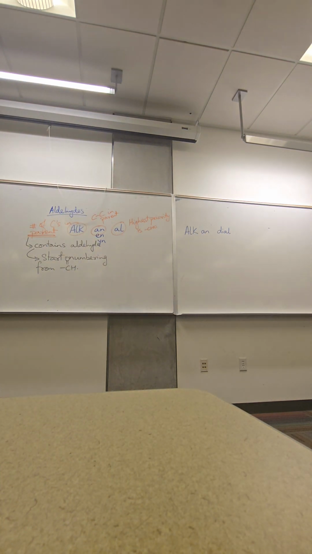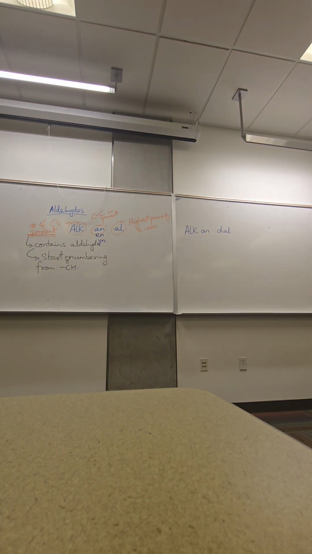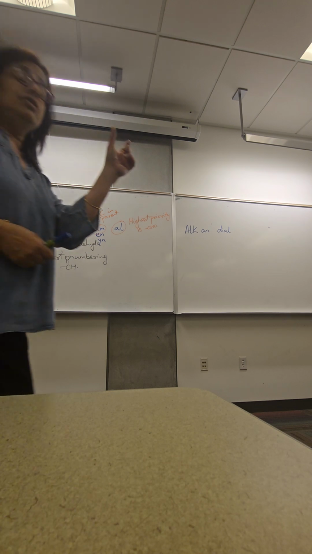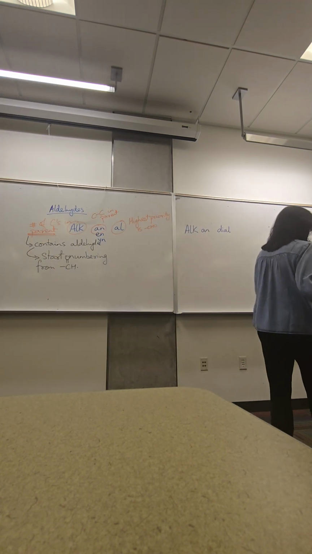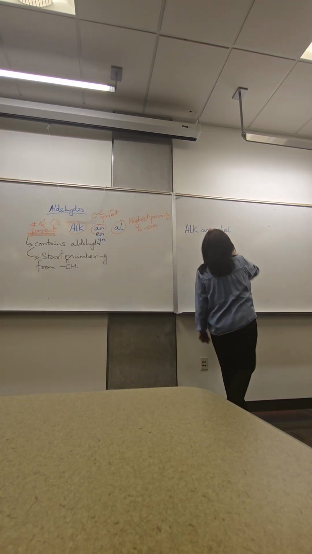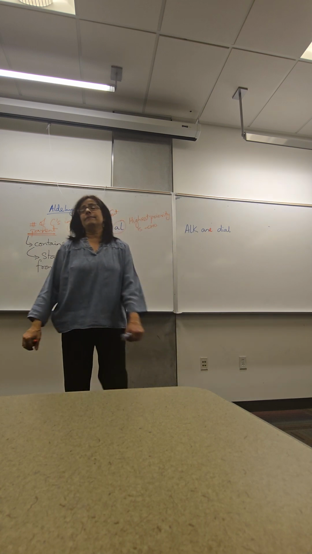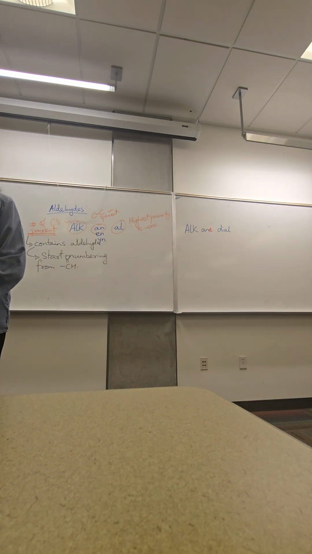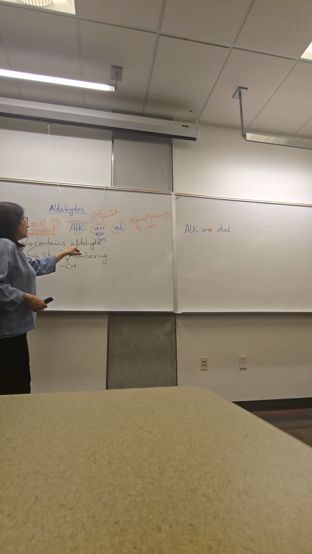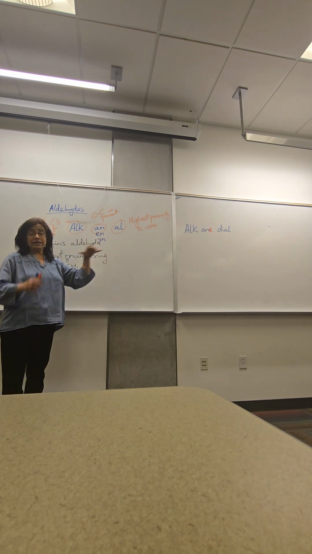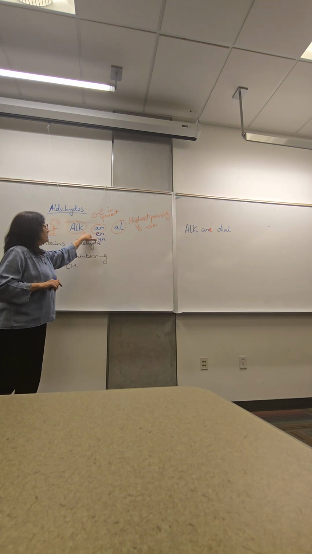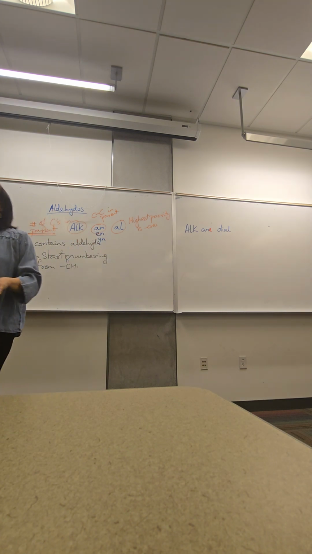If there were more than 1 alcohol group on a parent, what else did we change? Alka. Exactly. The a part that you're talking about is if there were more than 1 ene or more than 1 yne in the parent, then you have an a there to suggest that. Make sense, everybody?